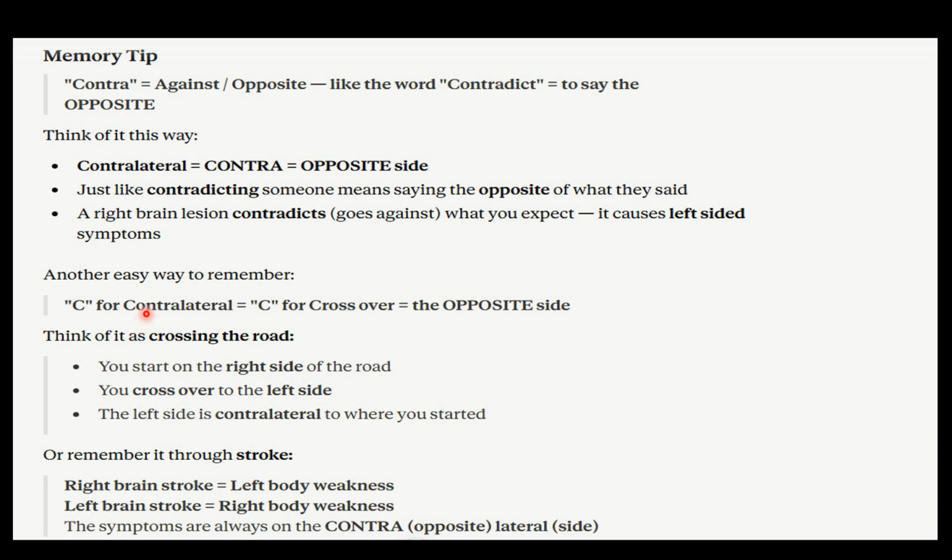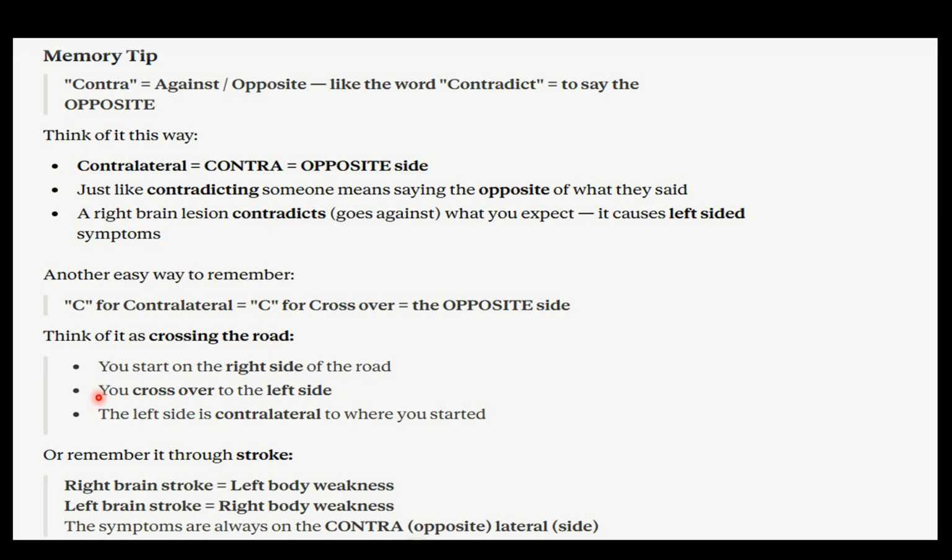But if we compare it with ipsilateral, it is completely opposite, right? Because in the ipsilateral case, everything is happening on the same side, either left or right. But when we are talking about the contralateral, they are opposite to each other. So I think now you have clarity on both terms, what is contralateral and what is ipsilateral.